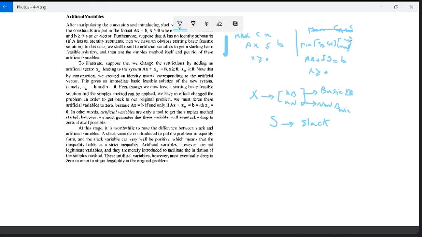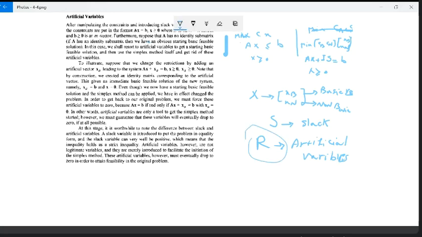S is slack, or R is an artificial variable. What is R?